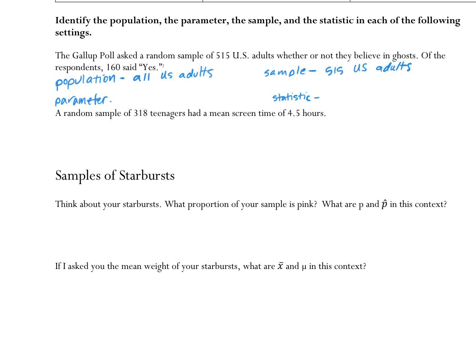What's my statistic? What do we know about our sample? So we would say my statistic is p hat, 160 out of 515.